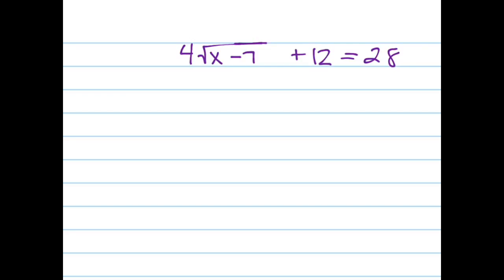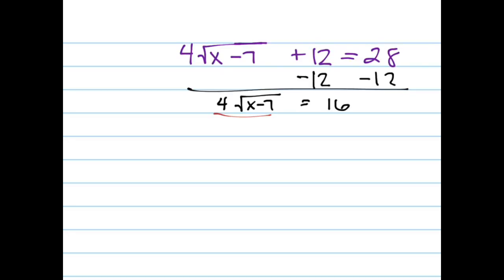Subtract 12. Subtract 12, he said while waiting for us to be called on. Gives us 4 radical x minus 7 equals 16. Next step. Divide by 4, she said, stealing the answer that Biscuit gave without raising her hand.